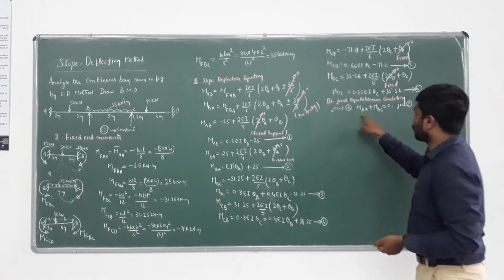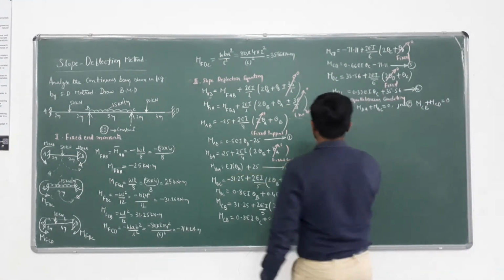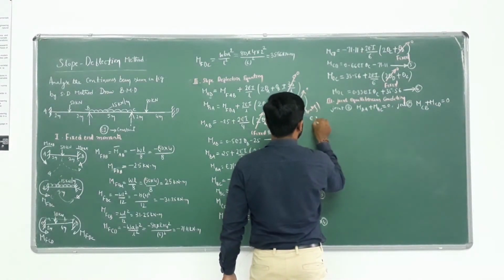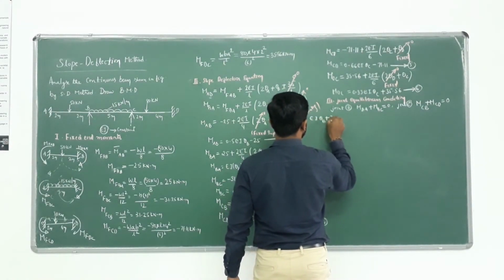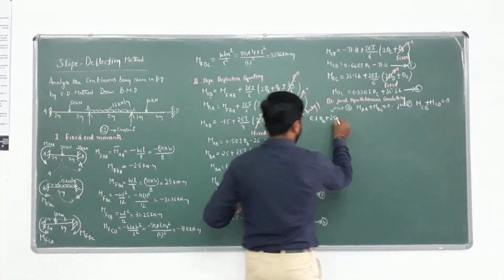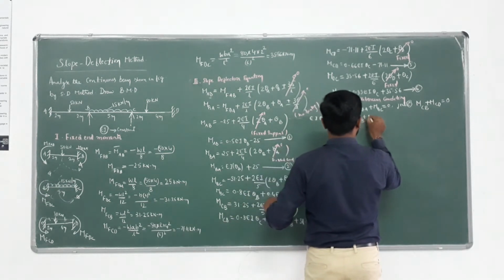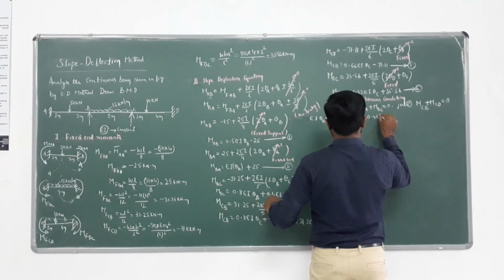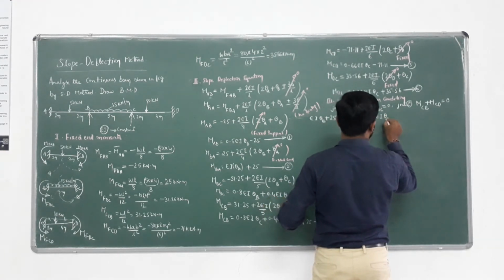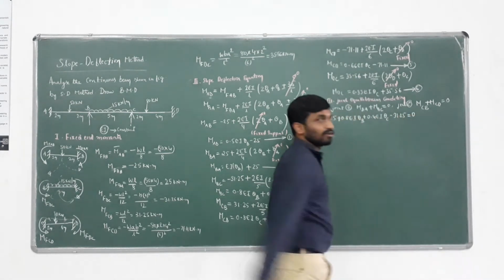Clear? Now, what is MBA? EI theta B plus 25. What is MBC? Plus 0.8 EI theta B plus 0.4 EI theta C minus 31.25 equals 0.